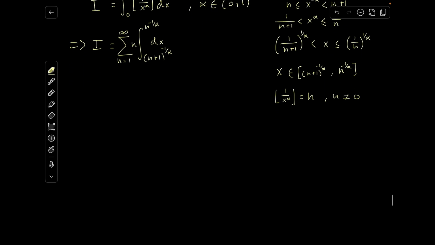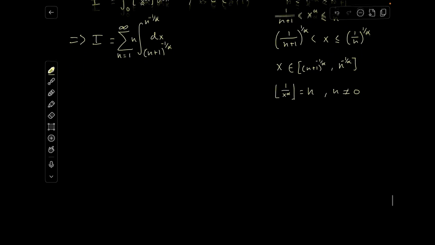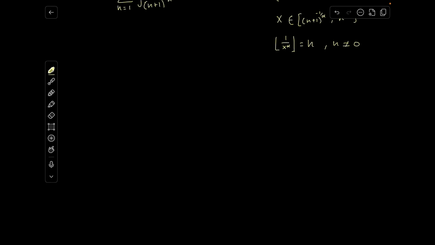Okay. So now, I'll just scroll down a little bit and swap colors.